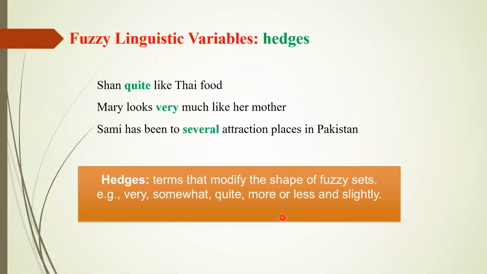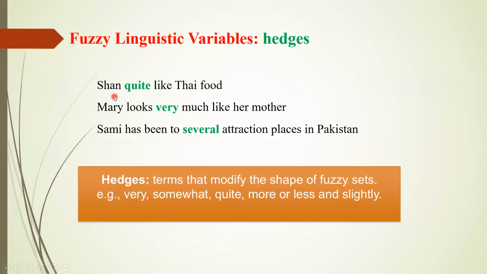A linguistic variable carries with it the concept of fuzzy set qualifiers called hedges. Hedges are terms that modify the shape of fuzzy sets. They include words like very, somewhat, quite, more or less, and slightly.